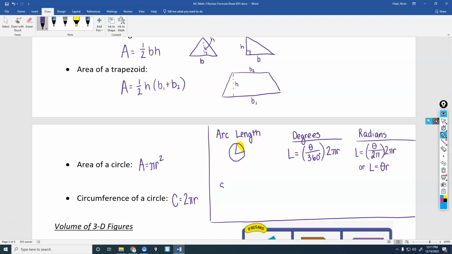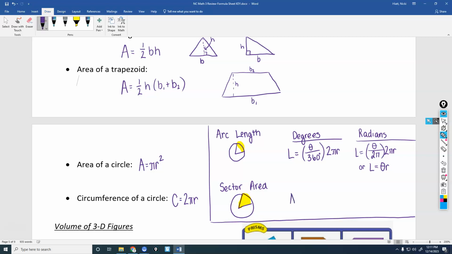We also need to know sector area. When we're talking about sector area, that is the area of the whole slice of pizza, not just the crust, but the whole slice. And so this is a fraction of the area of the circle.